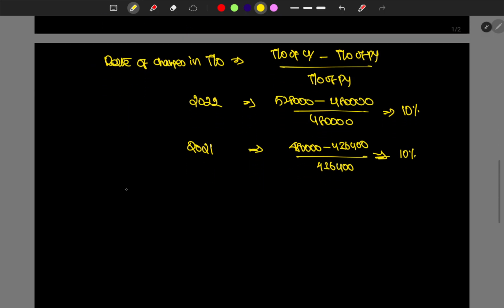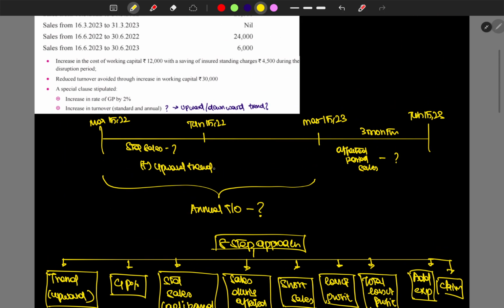We can observe that it is approximately increasing by 10%. So the upward trend is 10%. We go and fill this area, which is 10%.